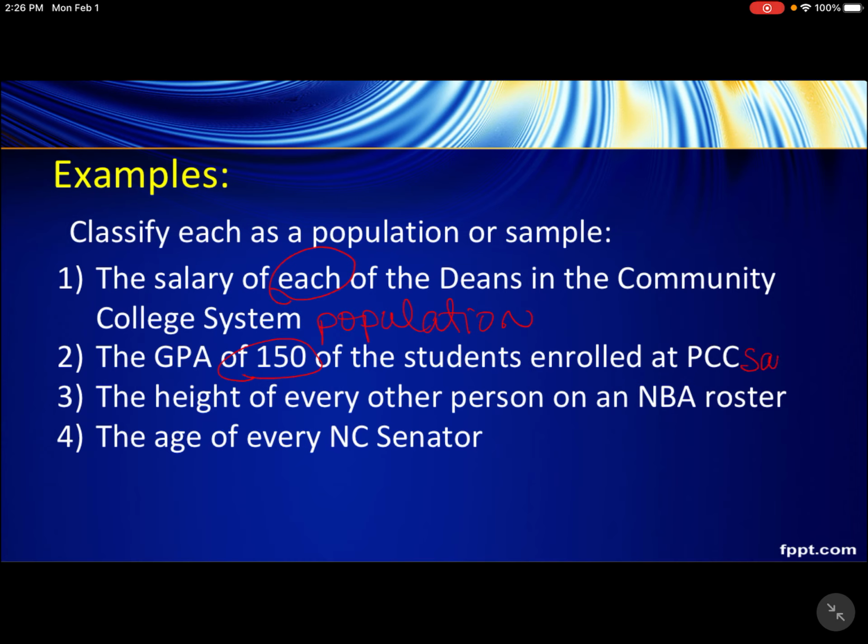Therefore, this is a sample. The height of every other person on the MBA roster, since it's not every individual, it's a smaller set. This is also a sample. And then the age of every North Carolina senator means that we have all the possible information there is. So that is also a population.